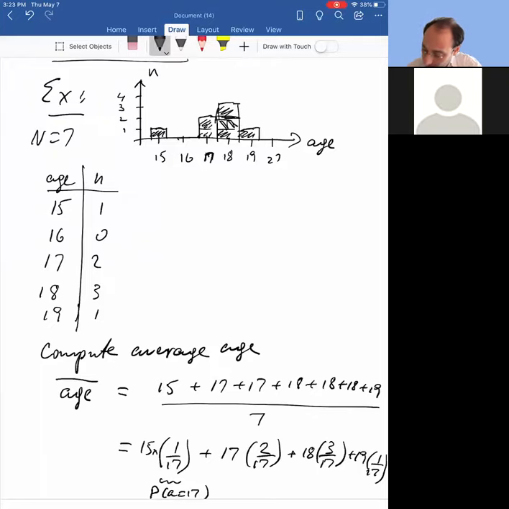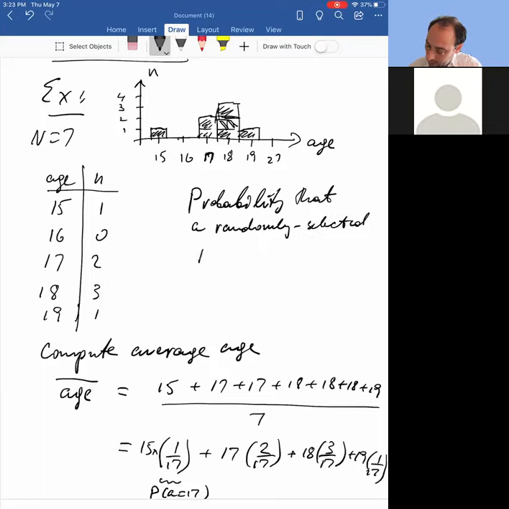So again, the probability that a randomly selected person is aged 17 is given by 2/7.